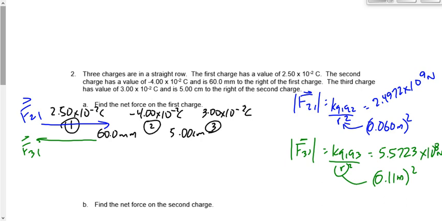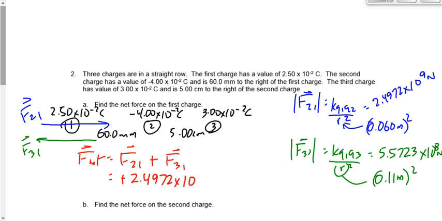Now, combine them. How do you combine them? F net, right? Just like in physics 20, F net is equal to the sum of those forces. F21 plus F31 in this case. F21 is a positive value, positive 2.4972 times 10 to the 9.